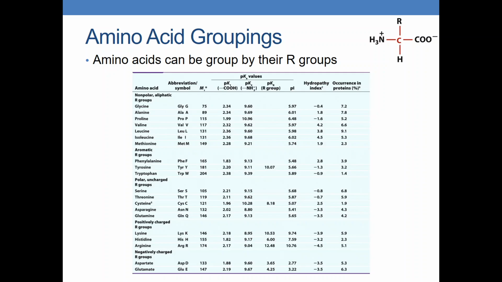That's cool, but I can't really form any electrostatic interactions that way. Because of the pKa of that carboxylic acid, for aspartate it's 3.65, for glutamate 4.25, at biological pH 7.4, both of those functional groups will have deprotonated and will have adopted the negatively charged carboxylate form.